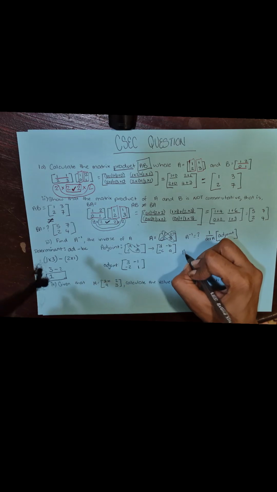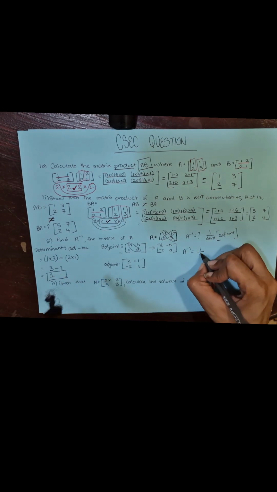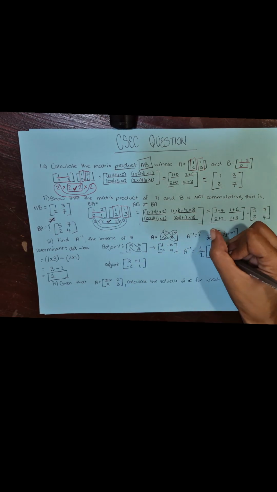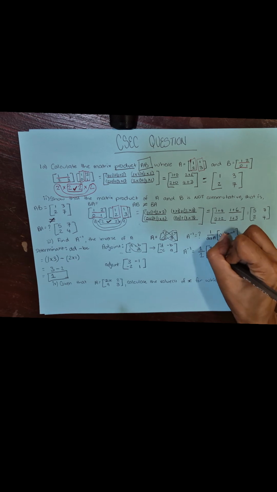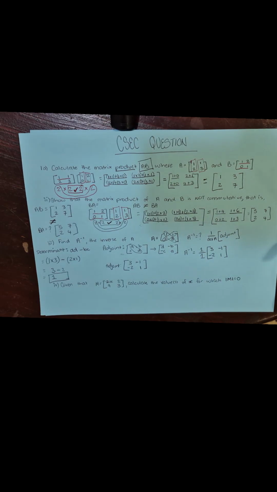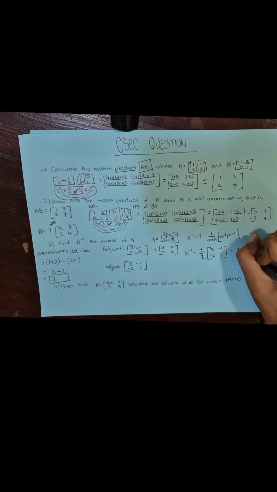Now we can put it all together. Our A inverse is going to be equal to 1 over the determinant, which was 1. So that's just 1 over 1 times the adjoint, which is 3, negative 1, negative 2, 1. And 1 over 1 is just 1. So that's just 1 times 3, negative 2, negative 1, 1.